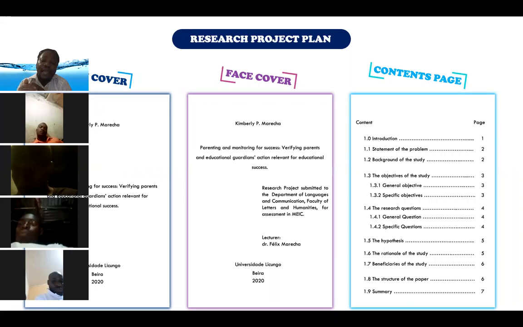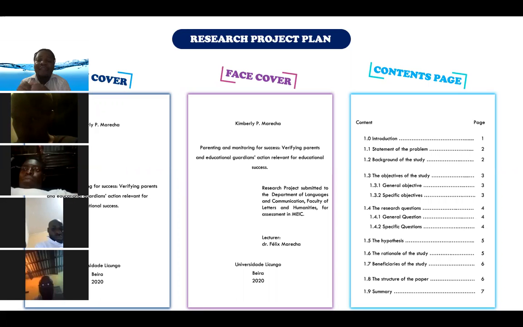Then after your general objective and your specific objectives, maybe this whole subsection covers page 3. And as you proceed with your writing, you may start this other section, which is section 1.4, the research questions, where you're going to write down the questions that are going to guide your research, or the questions that you intend to answer with your research.